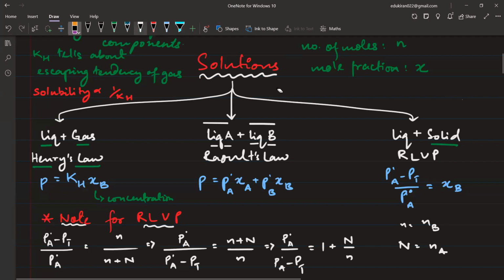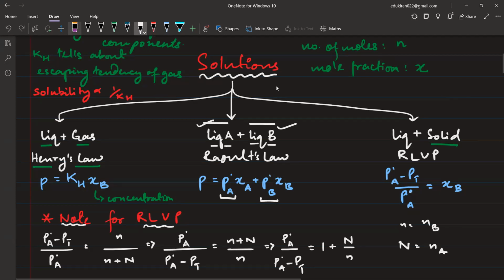It will depend on the escaping tendency of liquid A and liquid B. If the escaping tendency of liquid A is higher, then the P naught A will be higher. That means the vapor pressure of pure A. When pure liquid A has a higher escaping tendency, it will have a higher P naught A. And if the escaping tendency of B is higher, the P naught B will be higher.